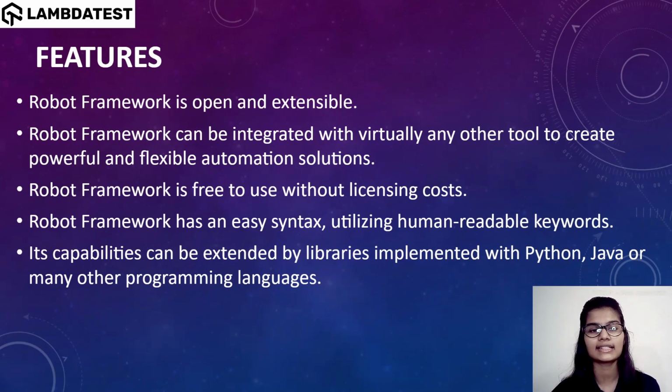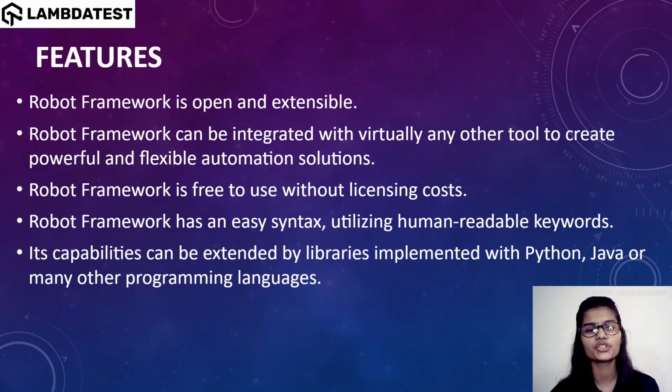It can be integrated with virtually any other tools, means combined with them, and with the help of the combination of both, you can create powerful and flexible automation solutions.